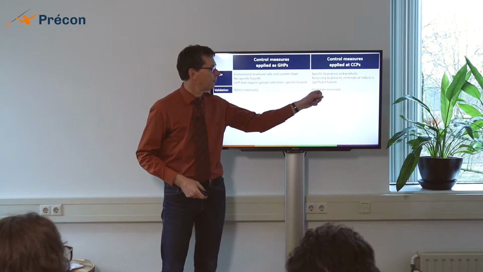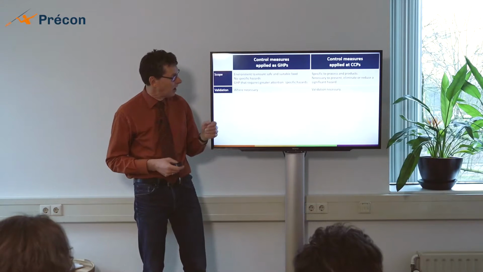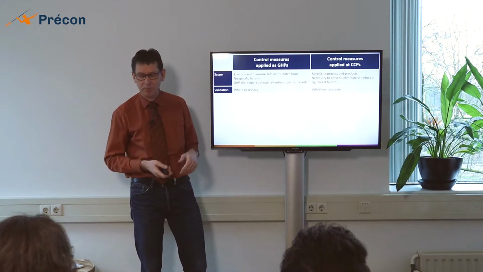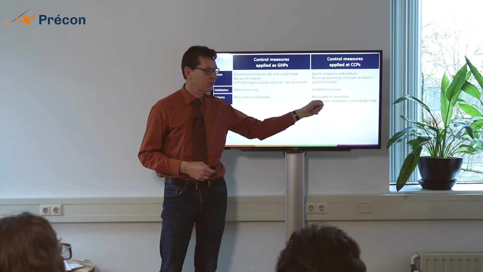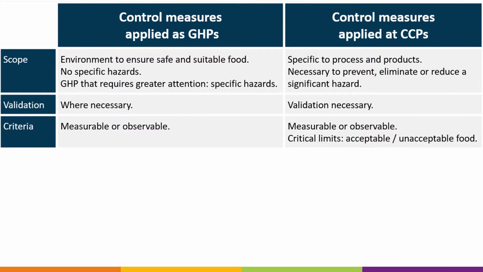When we talk about validation, for CCPs it will be necessary, with GHPs whenever applicable. Criteria for CCPs will be measurable or observable, just like at GHPs, but here we'll have critical limits, and that's really to divide unacceptable food from acceptable food.